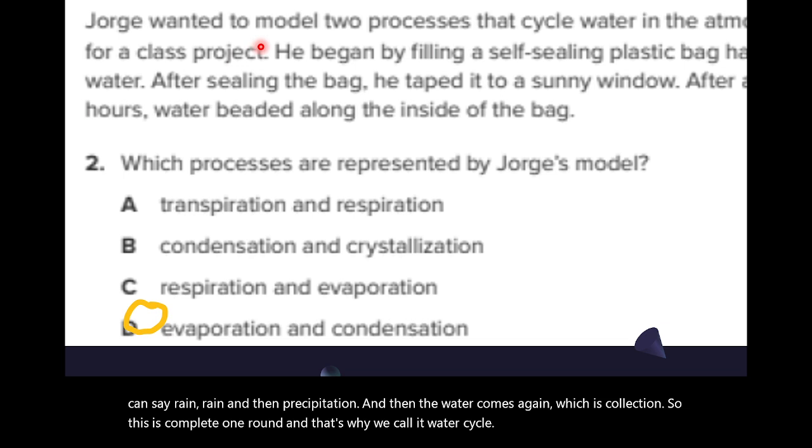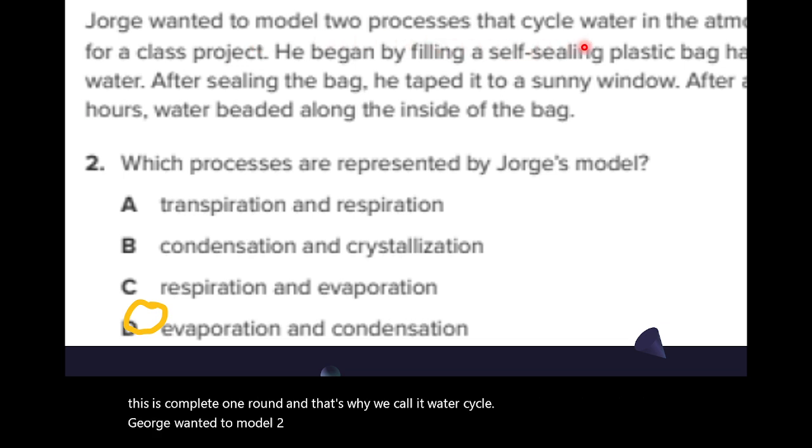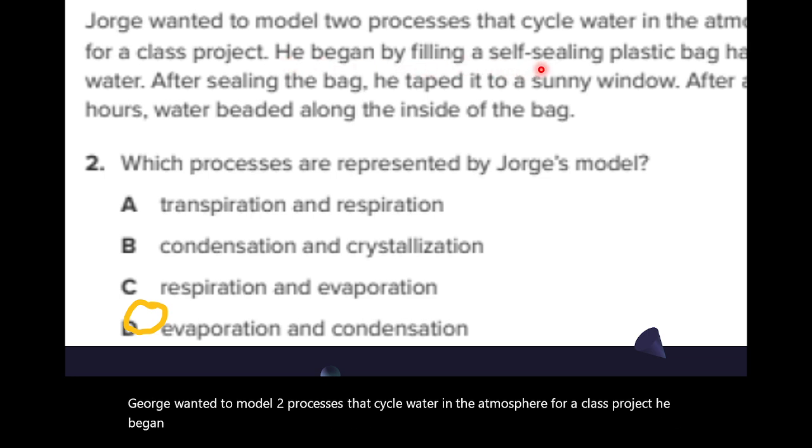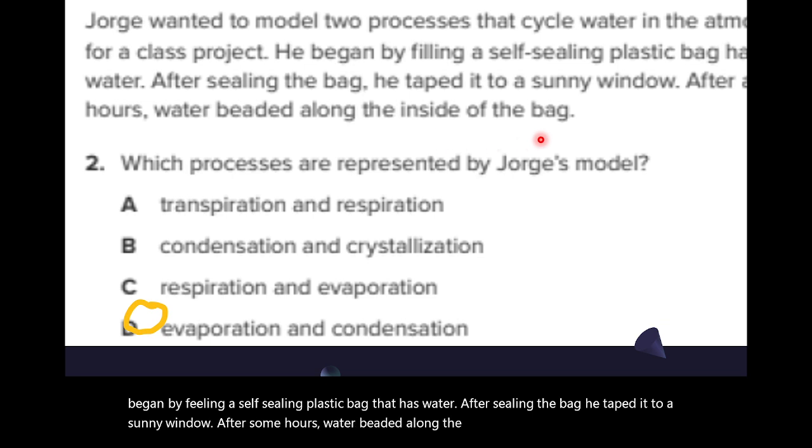George wanted to model two processes that cycle water in the atmosphere for a class project. He began by filling a self-sealing plastic bag that has water. After sealing the bag, he taped it to a sunny window. After some hours, water beaded along the inside of the bag.